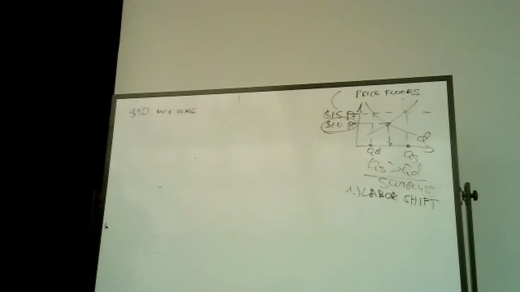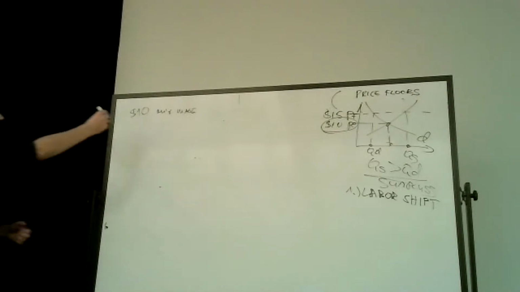We know that substitution is always possible. There are millions of possible combinations of factors of production, labor and capital and raw materials, by which you can produce anything. And you try to choose as an entrepreneur the most productive and the cheapest one.